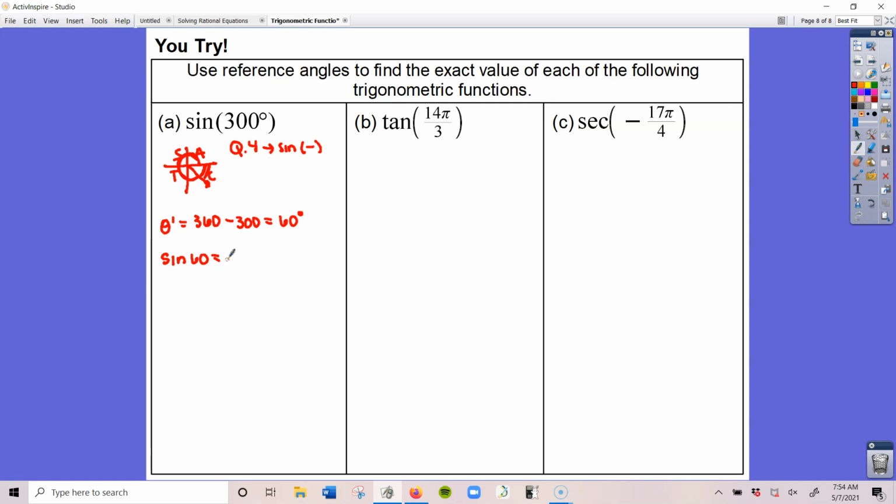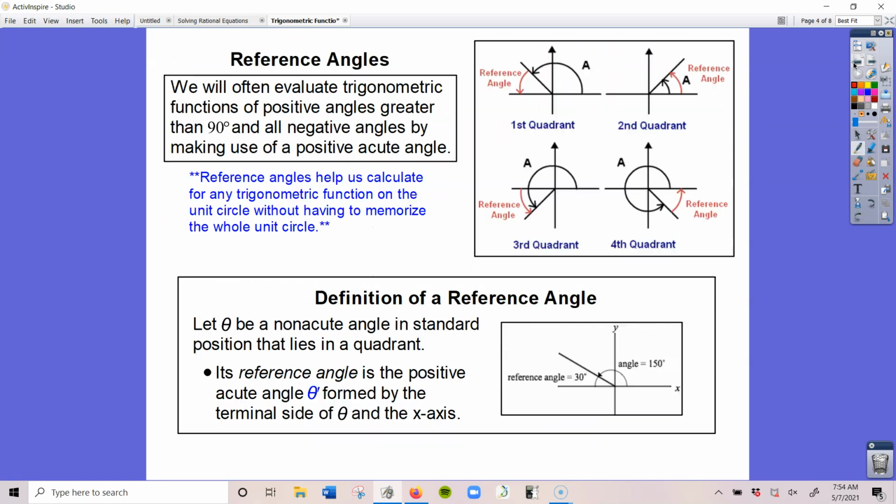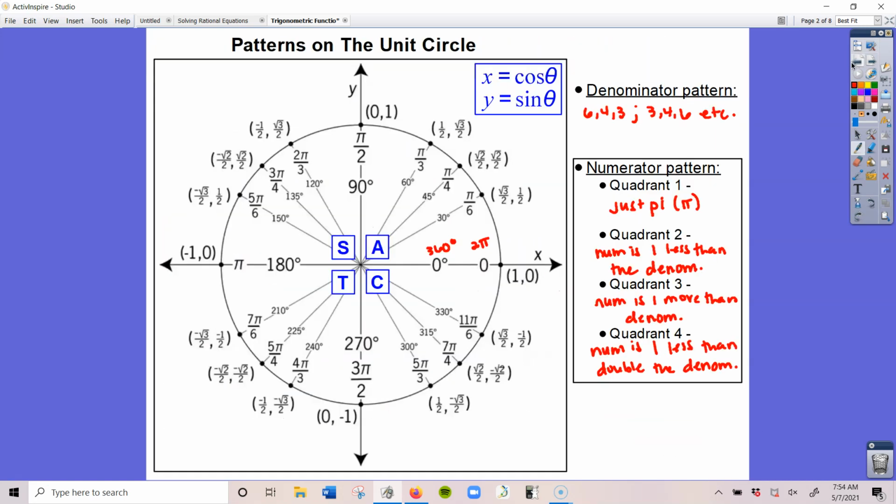The sine of 60 is the square root of 3 over 2. So that means that the sine of 300 degrees is going to equal negative square root of 3 over 2. And this would be my final answer. Now you can look at the unit circle to confirm this answer. We just did the sine of 300. Here's 300, negative square root of 3 over 2.